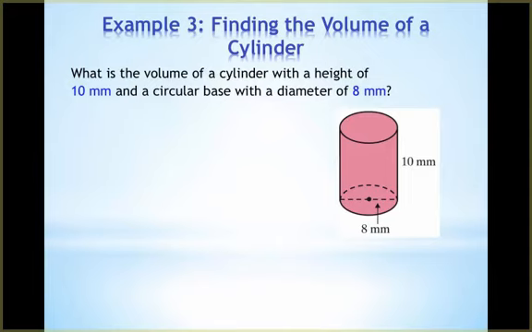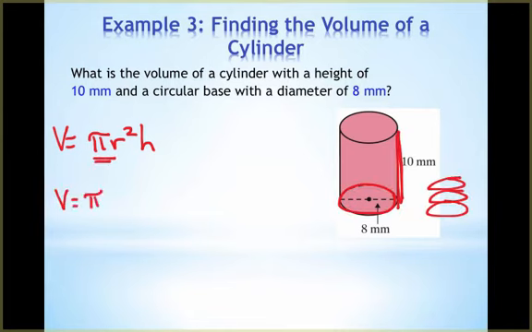Now let's find the volume of a cylinder that has a height of 10 and a diameter of 8 millimeters. So the volume of a cylinder is pi r squared h. Well, the radius, since the diameter was 8, that would make the radius 4.